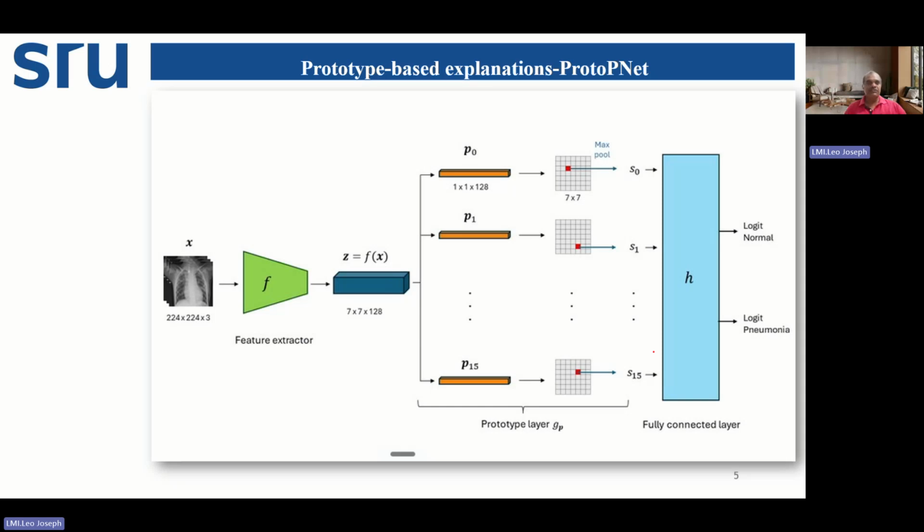So this is the detailed architecture of the ProtoNet. First, we take one chest image for reference, and here we extract the features, whatever they may be, so 7 by 7 by 128 layers. Here each and everything is categorized into different prototypes, P02, P15, like that. The particular patch is mapped to a particular array.